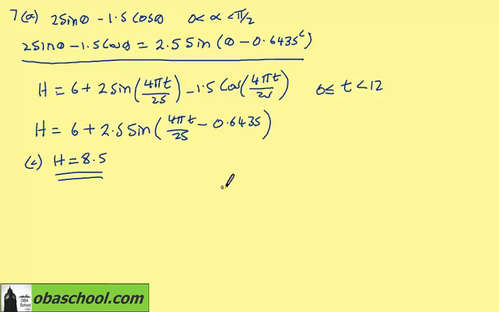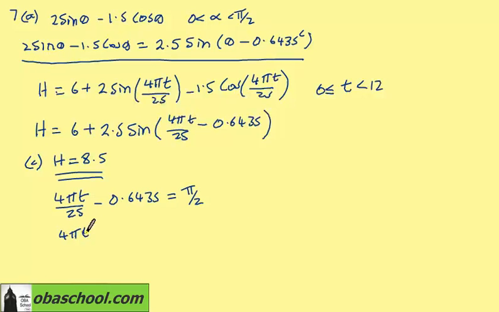We also want the time that this occurs. From the second part of the question, part B, we know that 4 pi t over 25 take away 0.6435 needs to be equal to pi by 2 to give us the maximum.